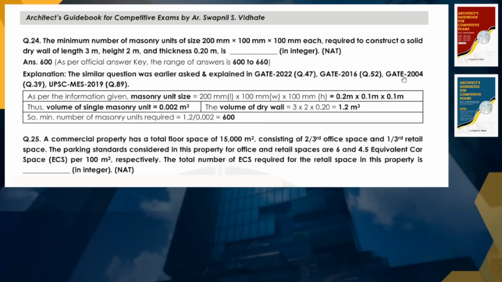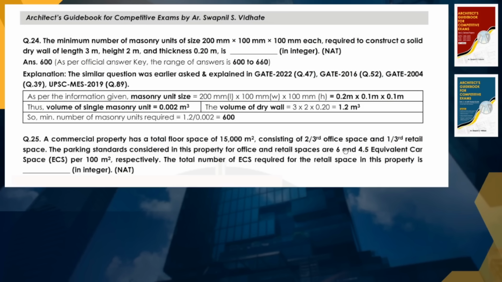Question 25. A commercial property has a total floor space of 15,000 meter square, consisting of two-third office space and one-third retail space. The parking standards considered in this property for office and retail spaces are 6 and 4.5 equivalent car space, that means ECS, per 100 square meter respectively, right?